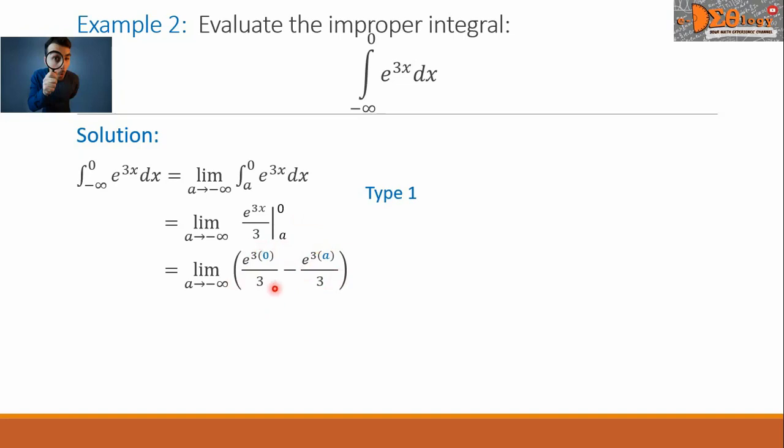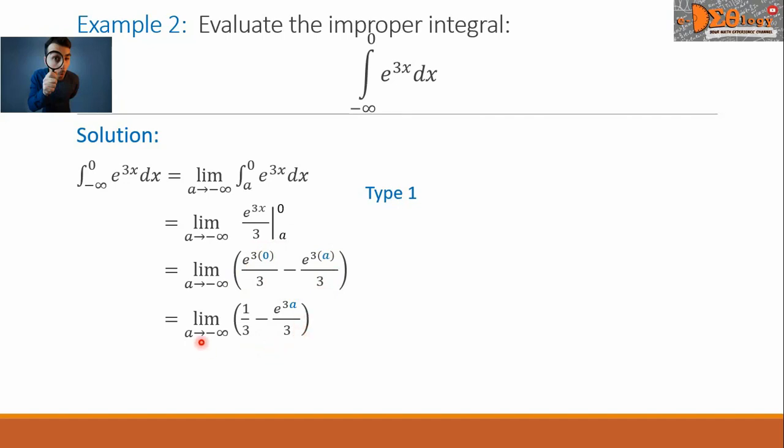In the first fraction here, the 3 times 0 is 0. So e raised to 0 is simply 1. So this value here is 1/3. So we write here 1/3 minus the second fraction.